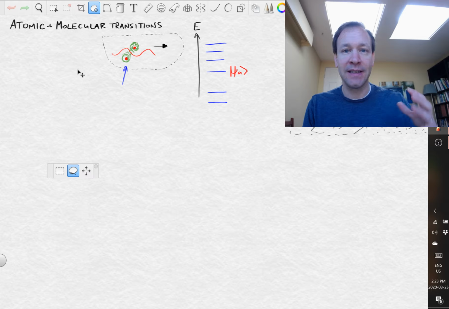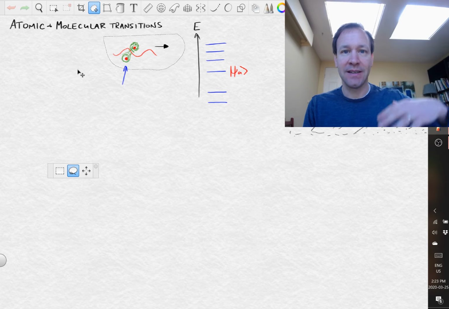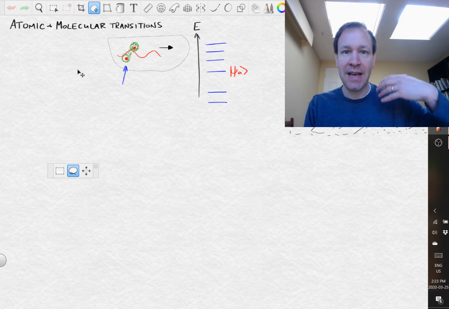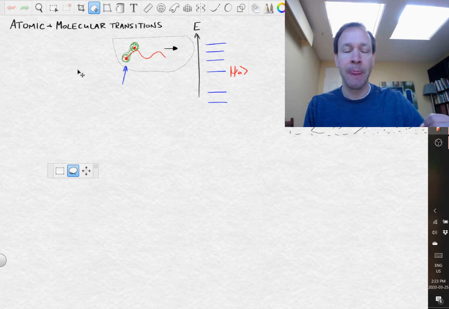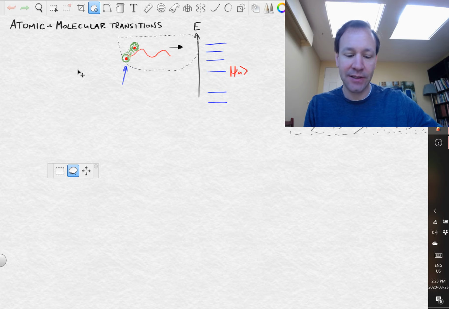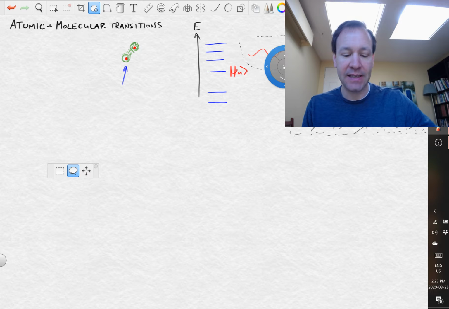And so physically, that electromagnetic wave has an oscillating electric field and an oscillating magnetic field, and the electric field is going to exert a force on any charged particles in the atom or the molecule. And similarly, the magnetic field will exert forces if those charged particles are moving. And so we have this physical interaction, and eventually the electromagnetic wave passes by.